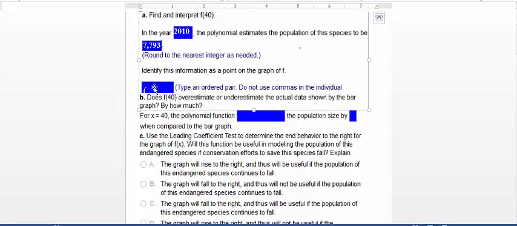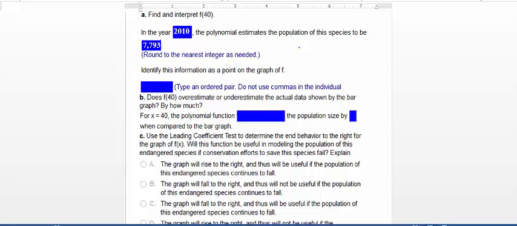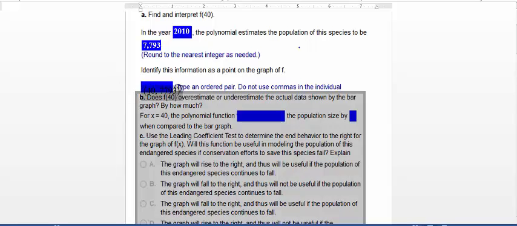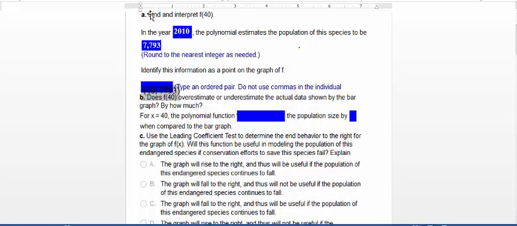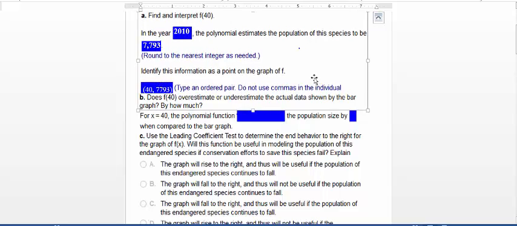So this independent variable value for this point would be 40, the number of years after 1970. And then the 7,793 is the dependent variable value. So 7,793 is the second coordinate. 40 is the first coordinate, if I were to represent this as an ordered pair.